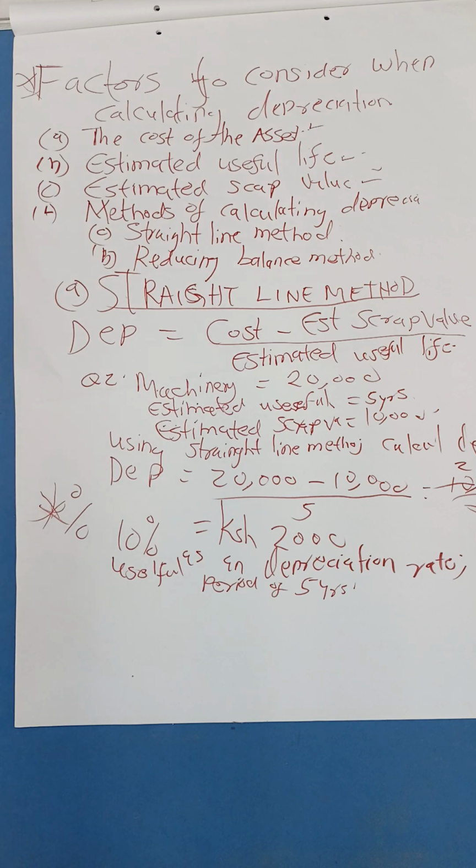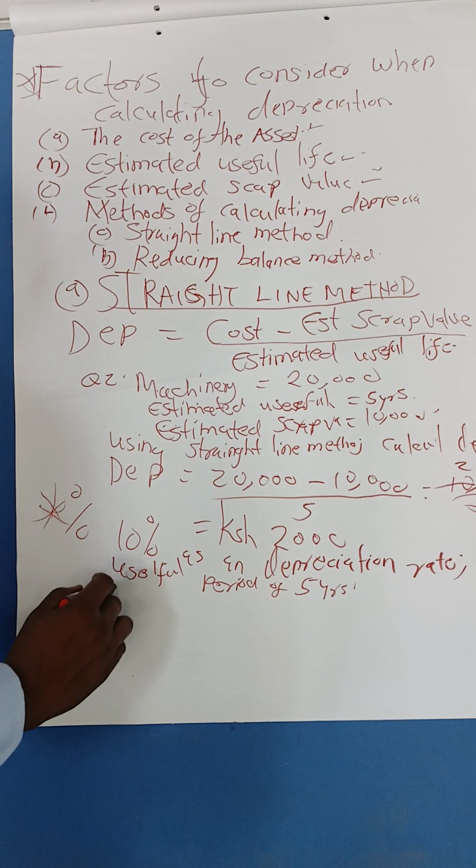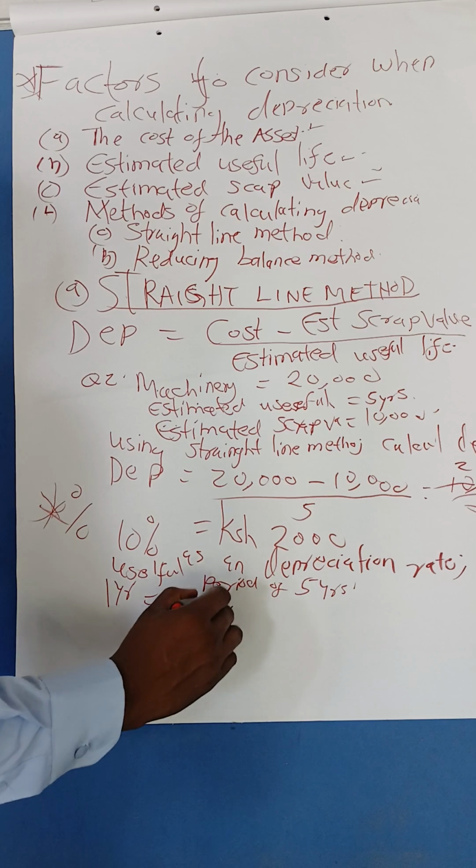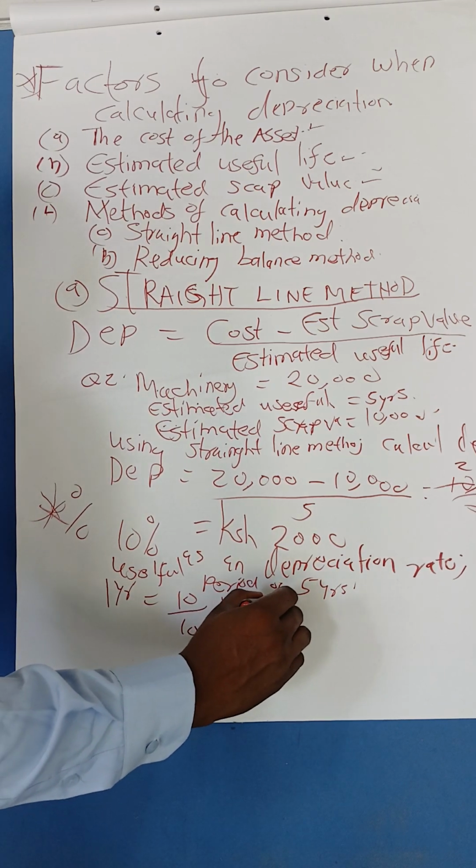It will run across the first year, second year, third year, fourth year, fifth year. It will be just 10% because we are under the straight line method. So for the first year, 10 over 100 multiplied by 20,000.